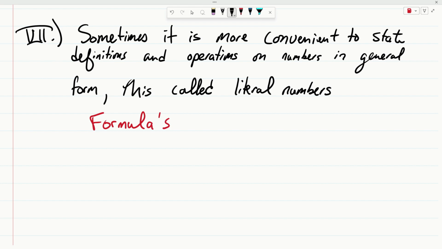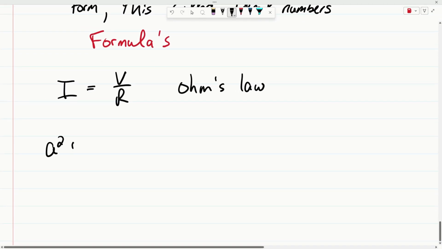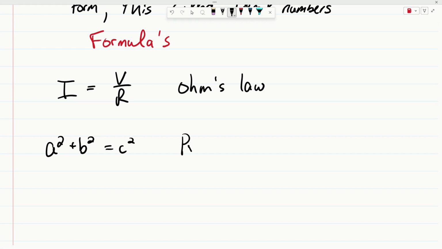So like we have Ohm's law: current equals voltage divided by resistance, I = V/R. We even have something like a squared plus b squared equals c squared. That's the Pythagorean theorem.